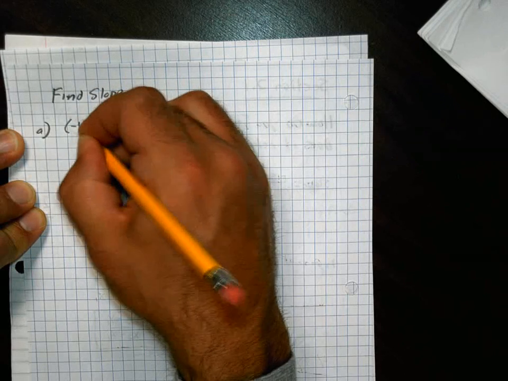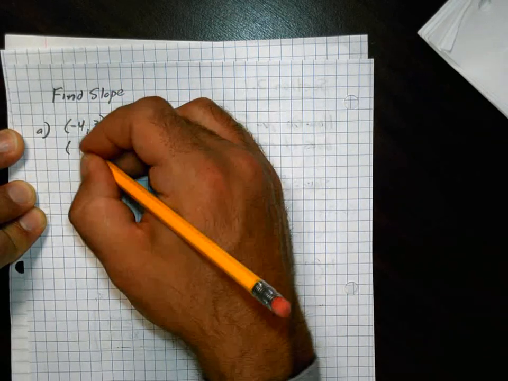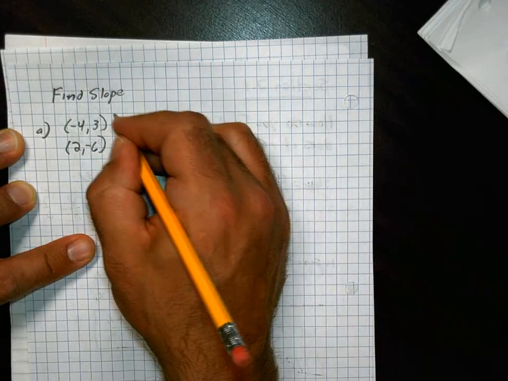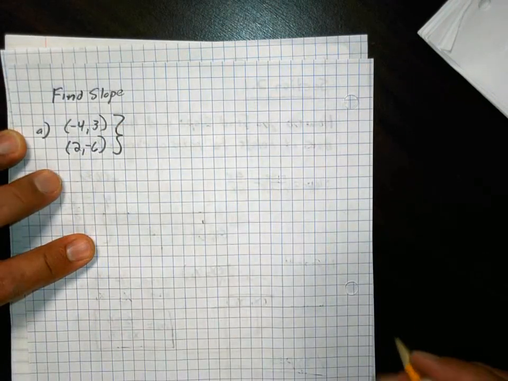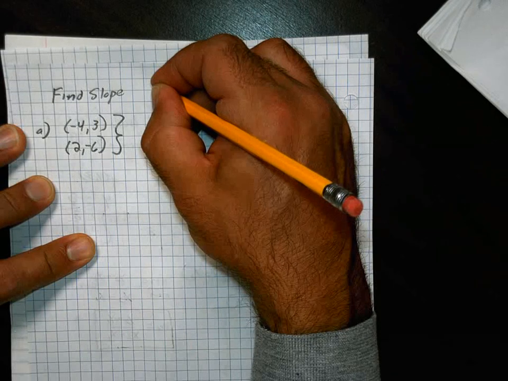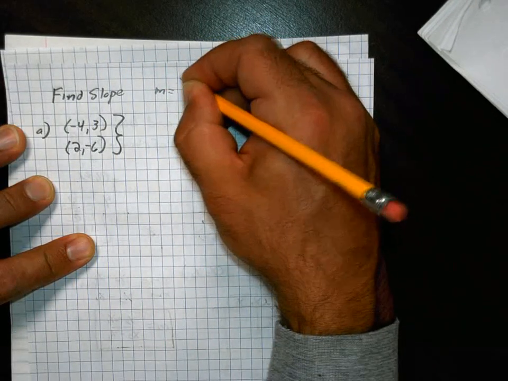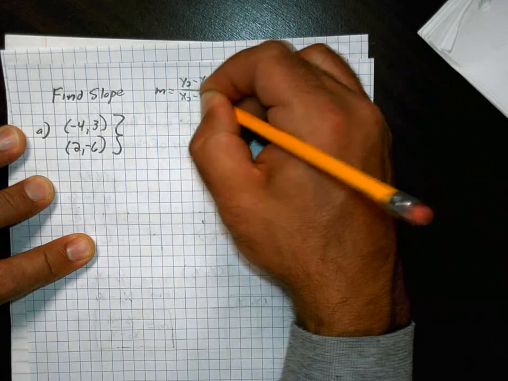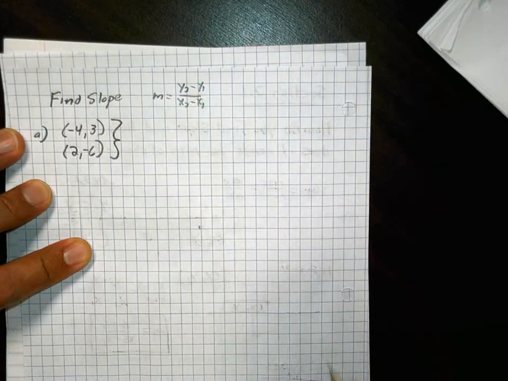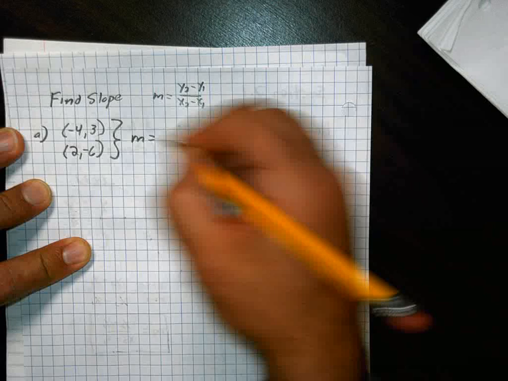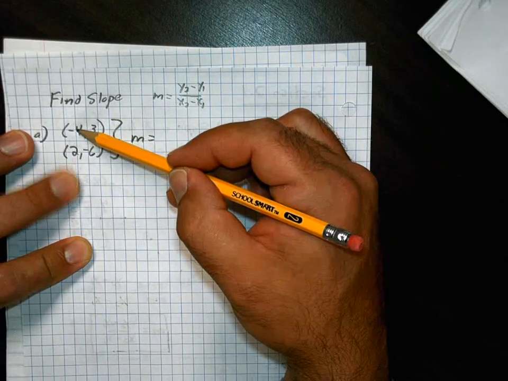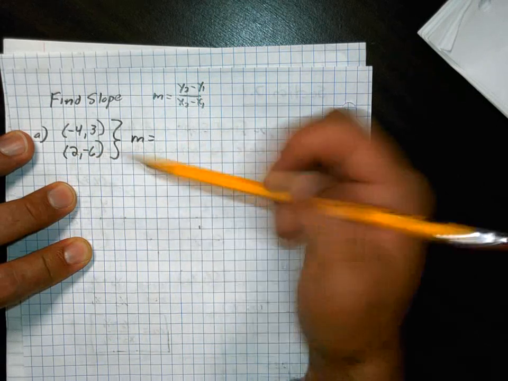Let's just say we have negative 4, 3, and 2, negative 6. And we want to find the slope there. There's our general formula. So in this case, and it doesn't really matter which one you pick, let's say this is x1, y1, and x2, y2.